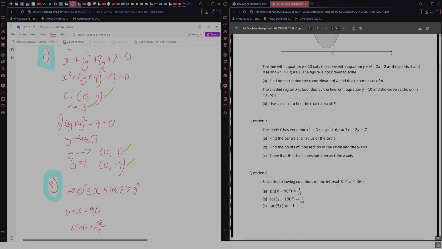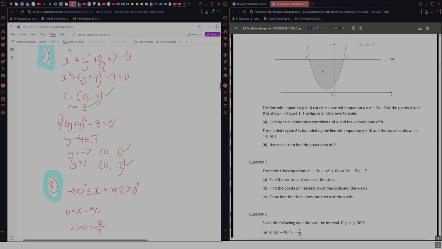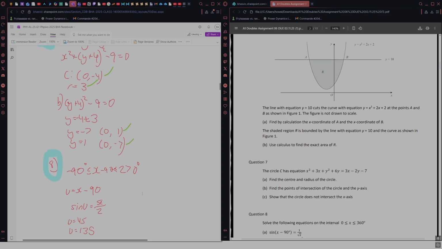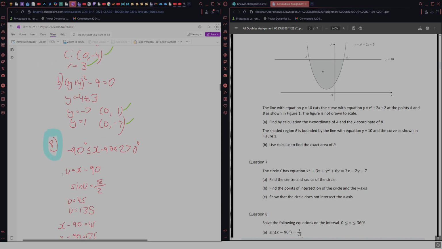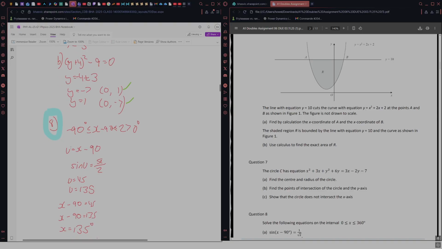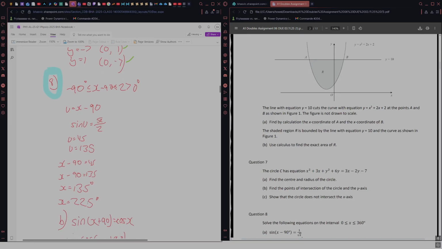So for A you get -90 to 270, and then you can substitute whatever you want as x minus 90, or you can just say that x minus 90 equals 45, x minus 90 equals 135 when you're doing inverse sine, and then you can just add 90 onto the answers. But it does make it easier if you use a substitution, just to make it look nicer, instead of having a weird equation.